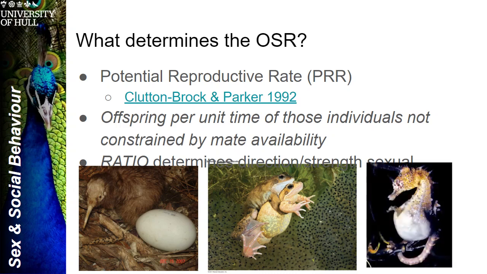In some cases, the potential reproductive rate of males is less than that of females. That happens in these seahorses, where the males give birth to live young. The male has a brood pouch, and the female deposits eggs inside the brood pouch, and the male fertilizes them inside that pouch, and then they develop.